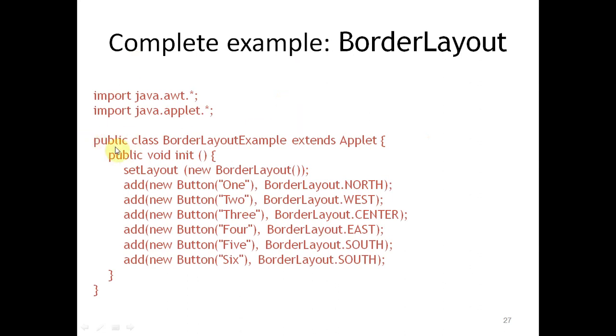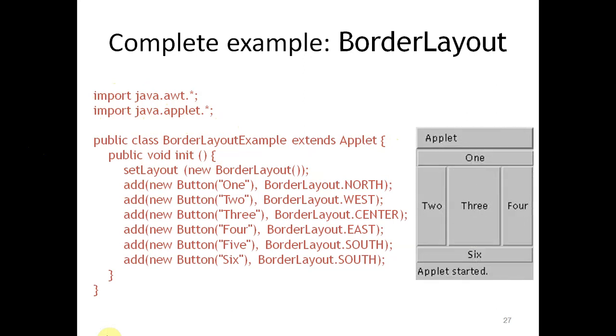So now the class name: public class border layout example extends applet, with the init function. Before this class we must write import java.awt.star and import java.applet.star. So this way the complete program is here, and the output will also be here.